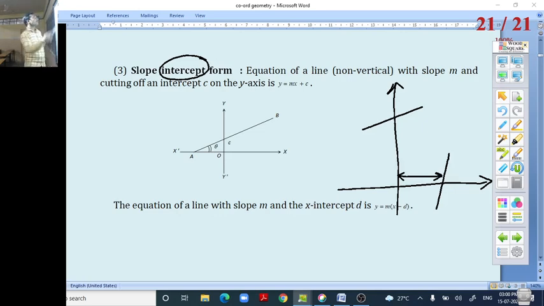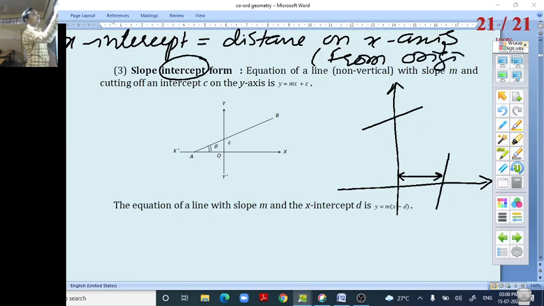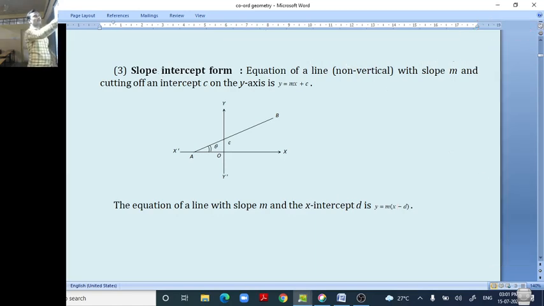So the x distance from the origin is called the x-intercept, and the y distance from the origin is called the y-intercept.